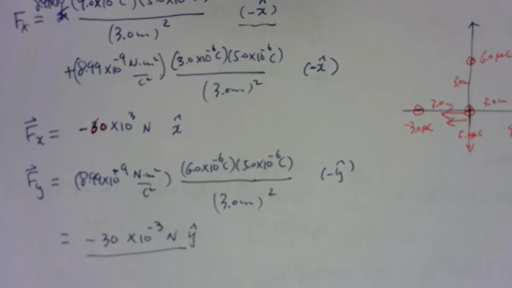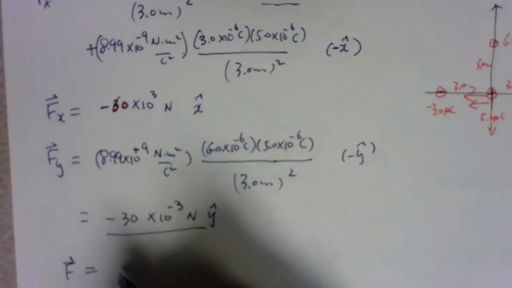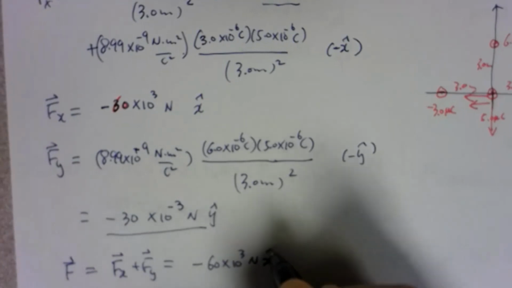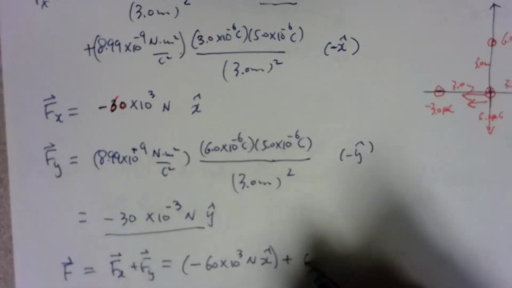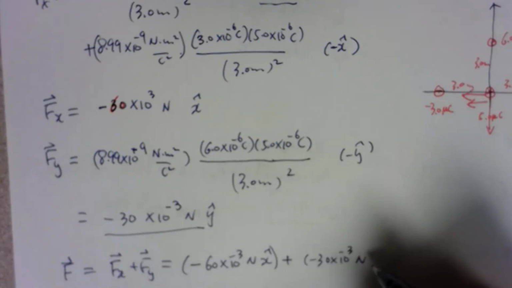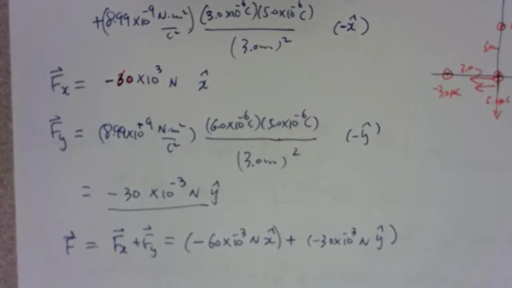All right. So then the total force should be equal to the x direction force plus the y direction force. So it could be just minus 60 times 10 to the minus 3 newtons in the x direction plus minus 30 times 10 to the minus 3 newtons in the y direction. So you can express it in that way, or I can calculate the magnitude and directional angle.